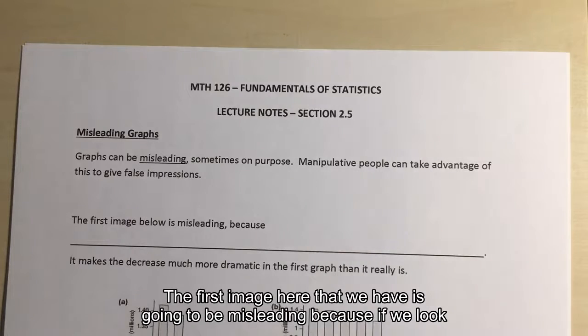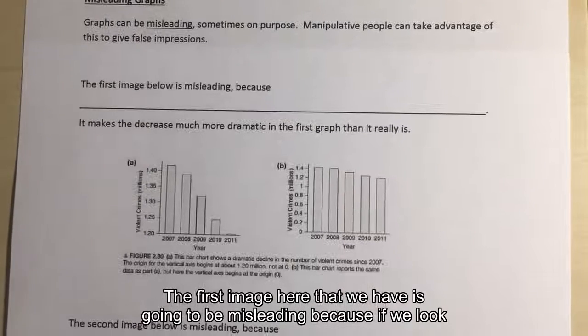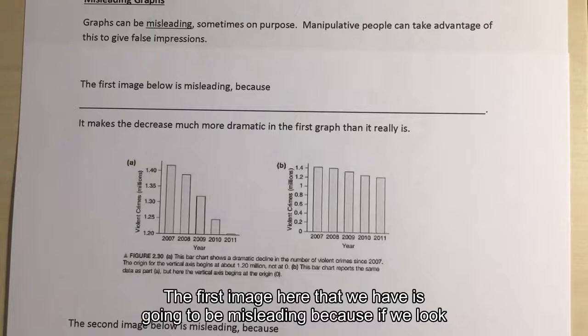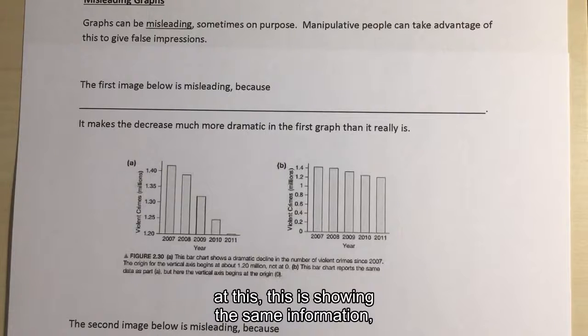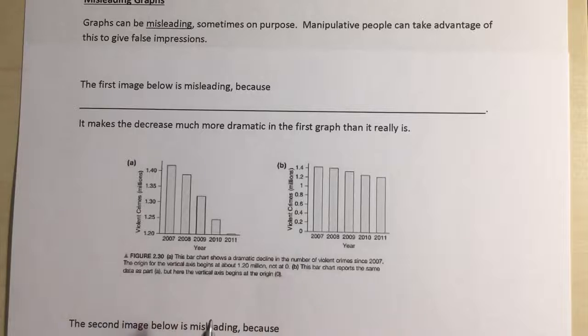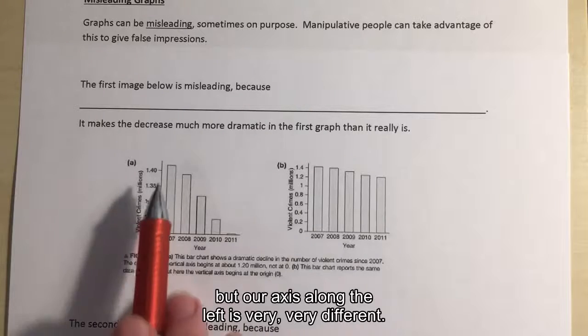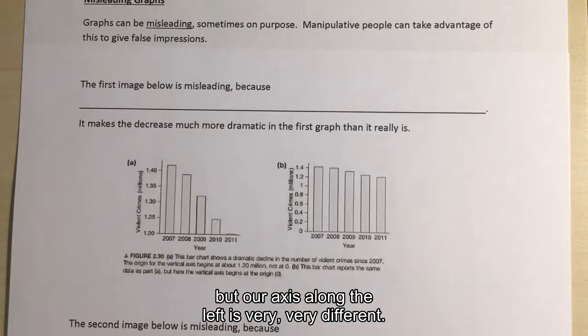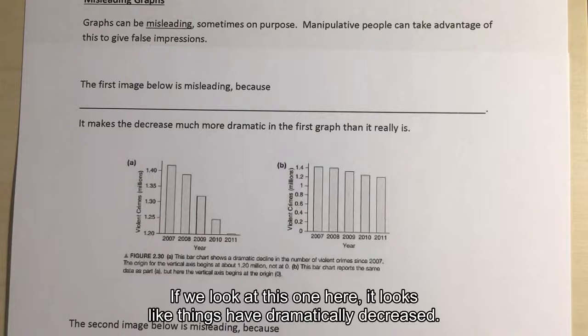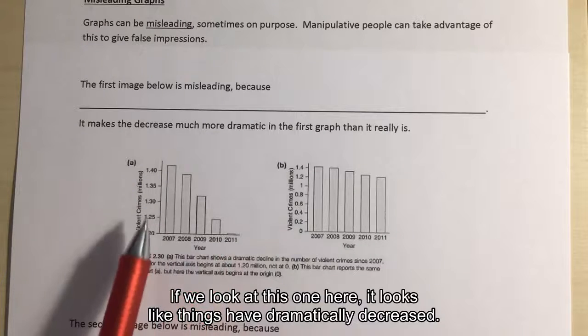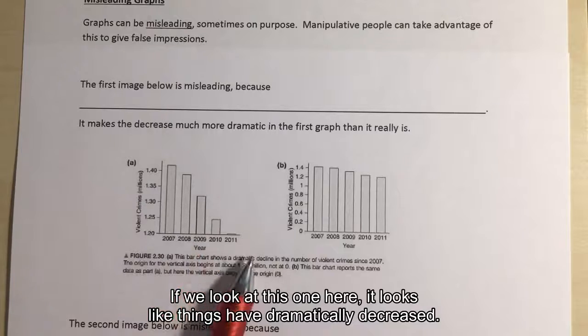The first image here is misleading because if we look at this, it's showing the same information, but our axes along the left are very different. If we look at this one here, it looks like things have dramatically decreased.